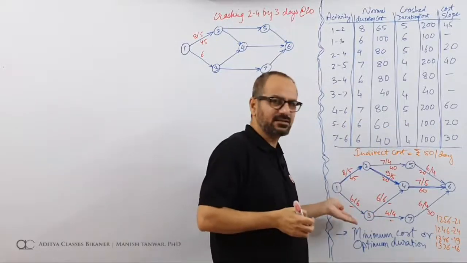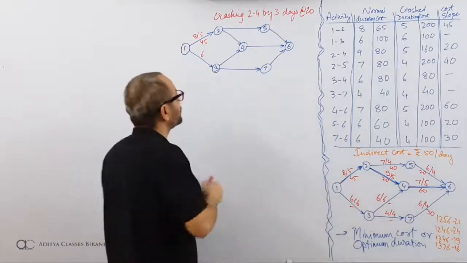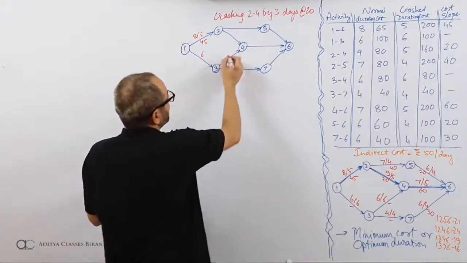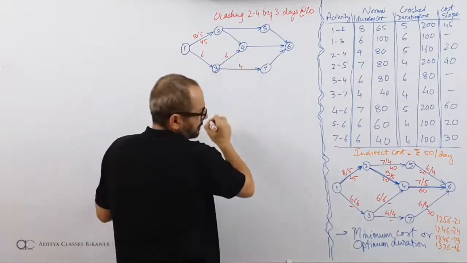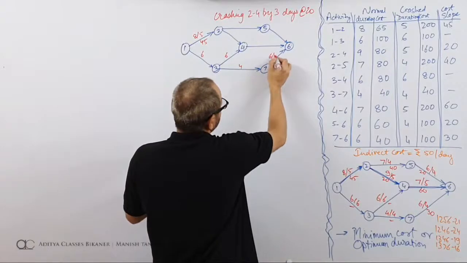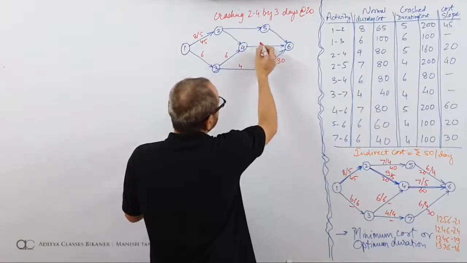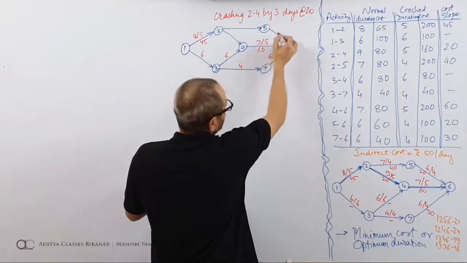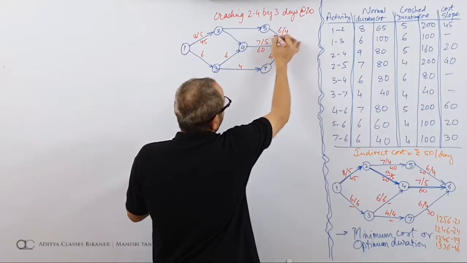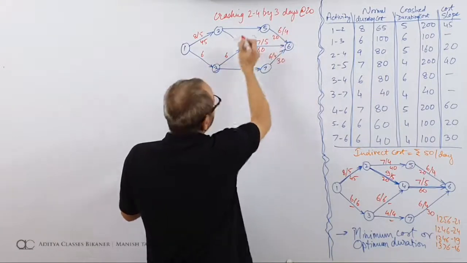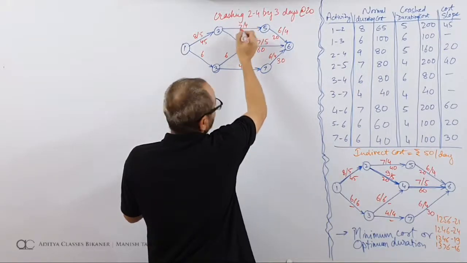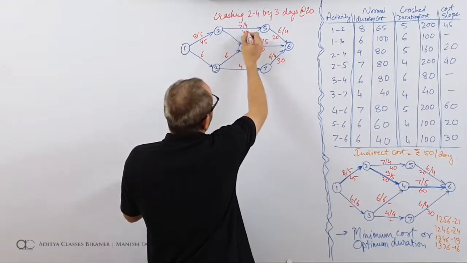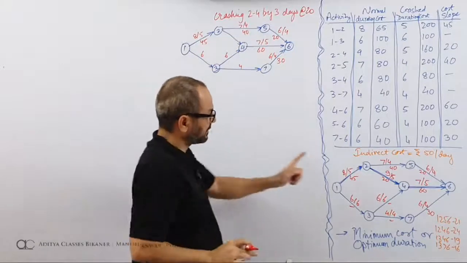But now I know that there is no possibility of crashing it. There is no cost slope. So I can leave it as 6, 6, 4. Then this will be 6, 4, 30. This will be 7, 5, 60. Then we have a 6, 4, 20. Then there is a 7, 4, 40. This is the activity that I have crashed.